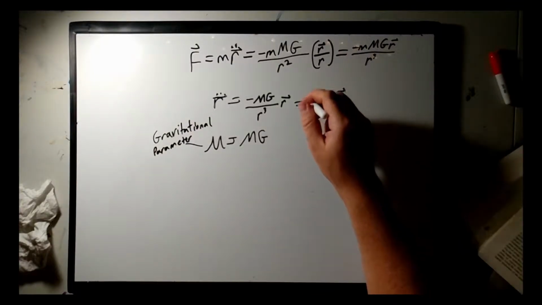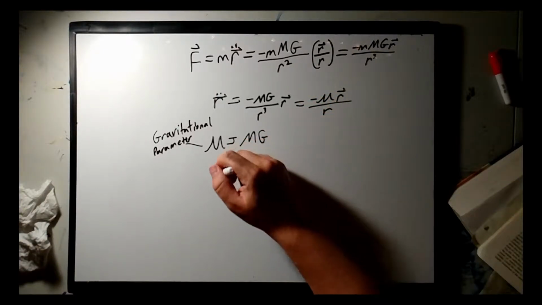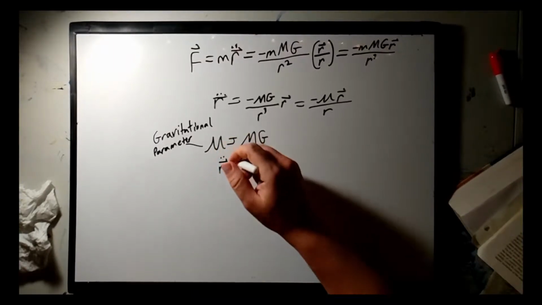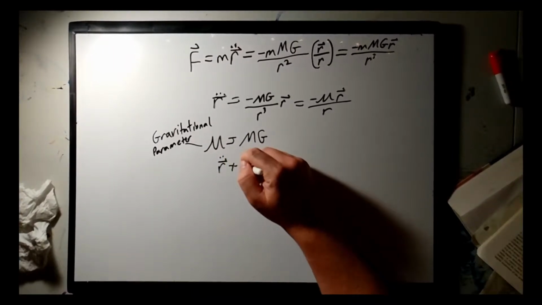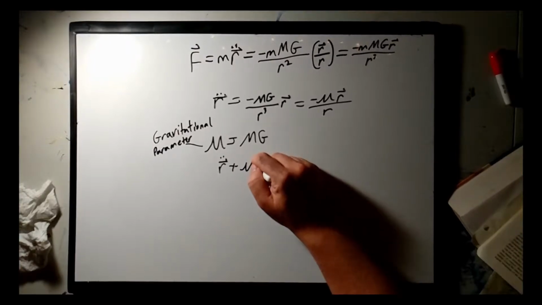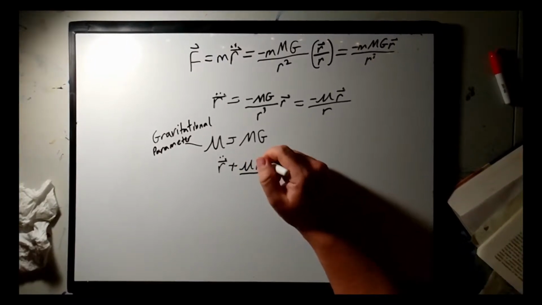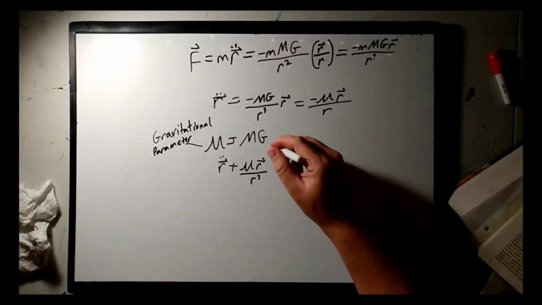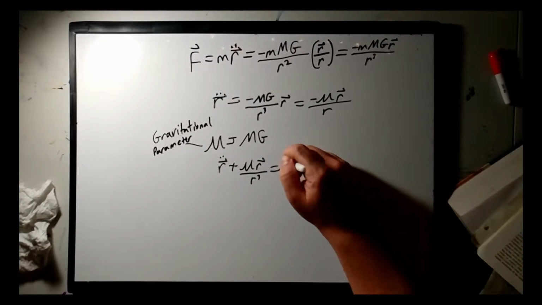So to do that, let's go ahead and bring everything over to one side. So r double dot plus mu r position vector over r cubed, and we're going to say that is equal to 0.